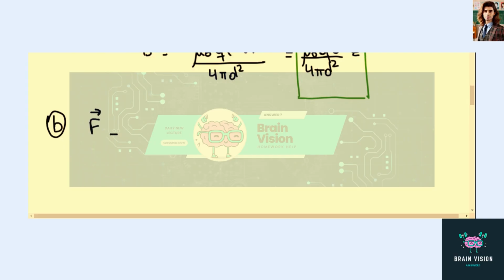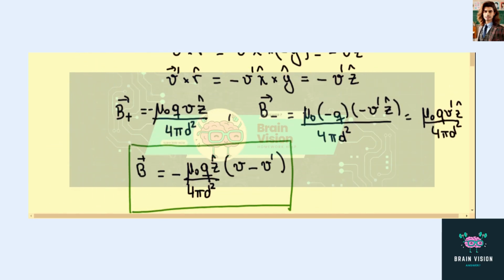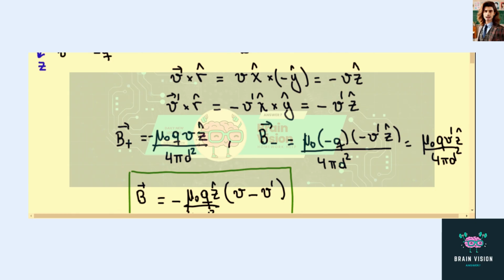So remember that according to Lorentz, the magnetic force on a charged object is equal to the charge of the object times the velocity of the object cross the magnetic field. Now notice that, as I said before, the magnetic field generated by the positive charge is minus mu 0 q v z divided by 4 pi times the distance squared.